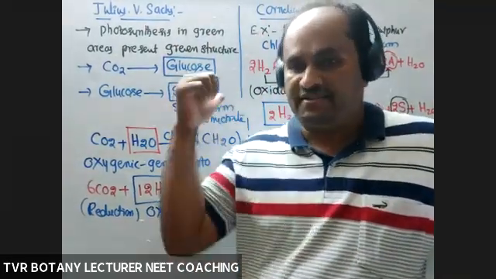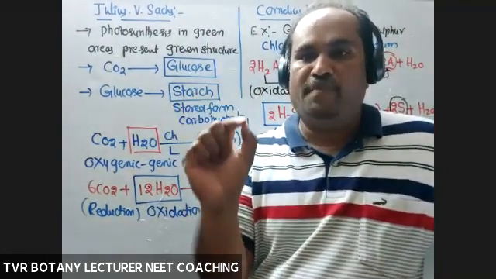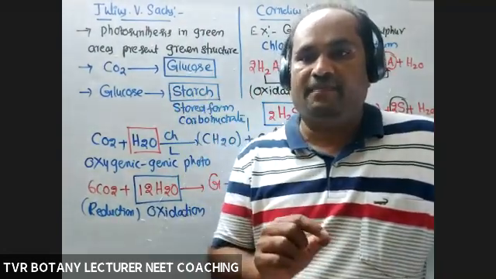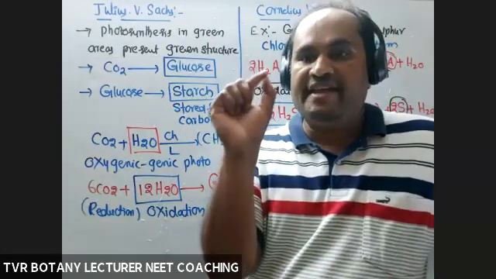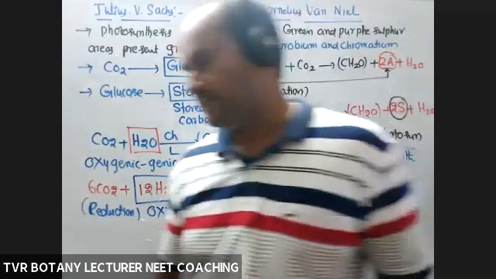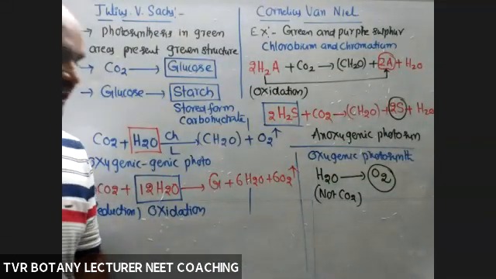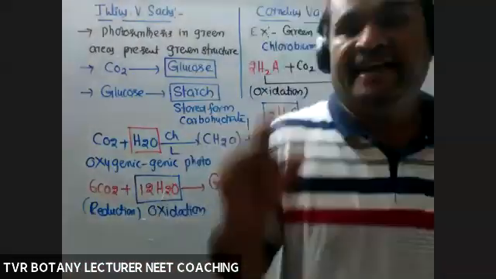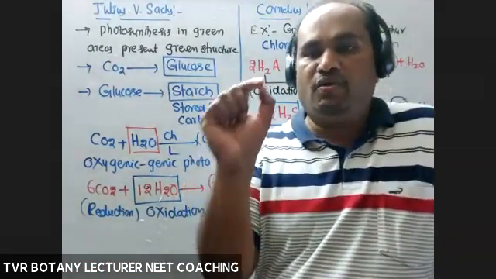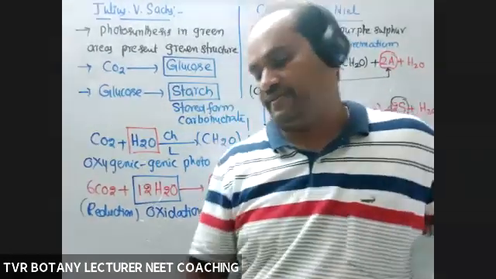Later, not this scientist, Ruben and Kamen, with the help of O18 radioactive isotope, H2O18, demonstrated that the O2 is coming from H2O molecule during oxygenic photosynthesis.